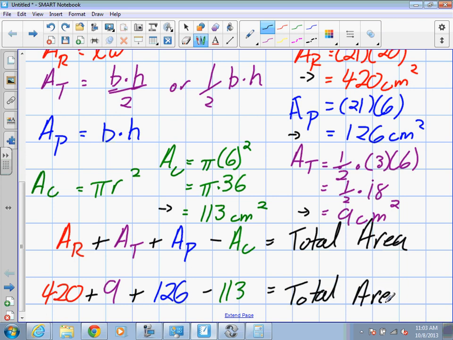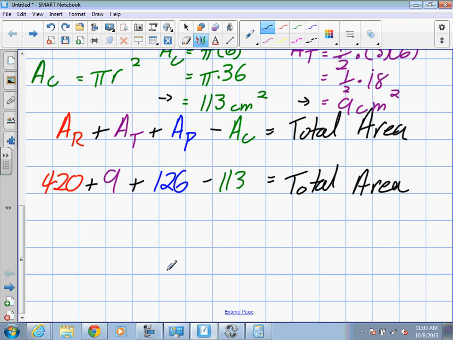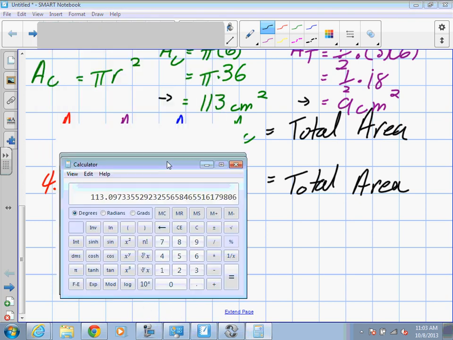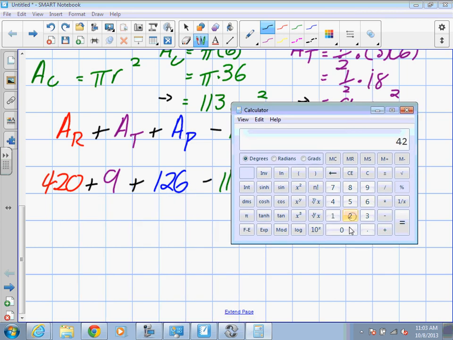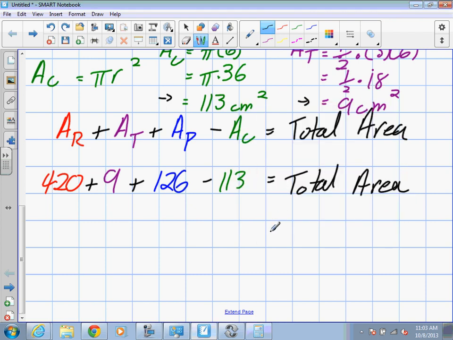So again, we'll just plug this into our calculator and see what we get. 429 plus 126, subtract 113. What is it? 442. So the total area of this composite figure is 442 what? Centimeters squared. That's it.